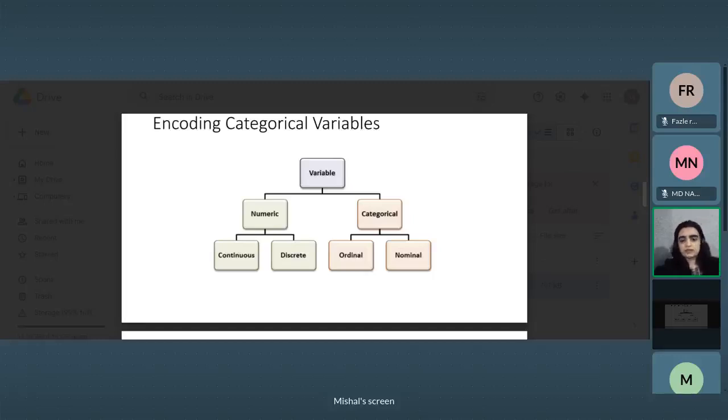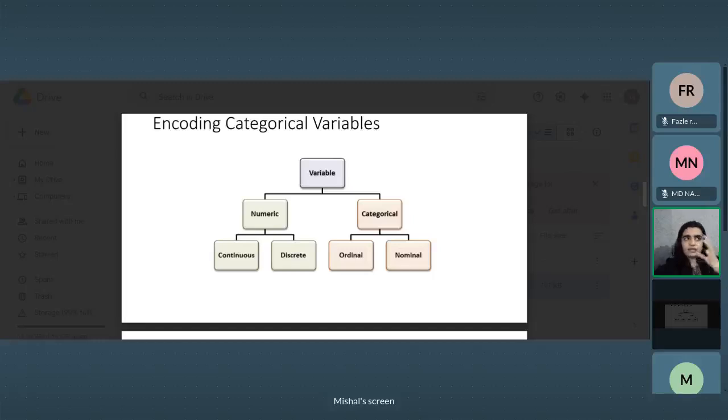Now the difference between them is that in discrete we will have a specific limit of numbers, and these numbers will get repeated in that column. But when it comes to continuous numbers, they are changing for each sample. It is something like this. For example, we are taking the price column of the houses. So the prices are changing for each sample.